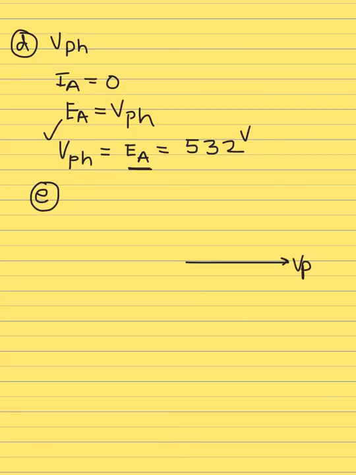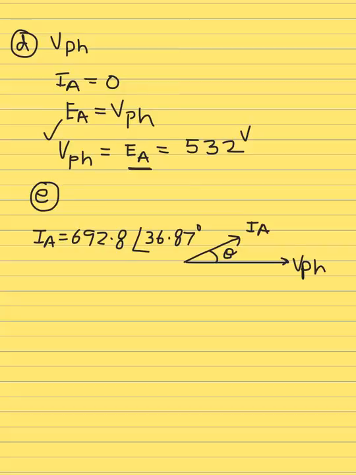So in this case we have V phase here, and IA will be here at the same power factor of 0.8. So theta is leading now. So IA will change to IA 692.8, which was its value, because the value is still 1200 as the line current, so the phase current remains the same. The angle will now change to positive 36.87 degrees.